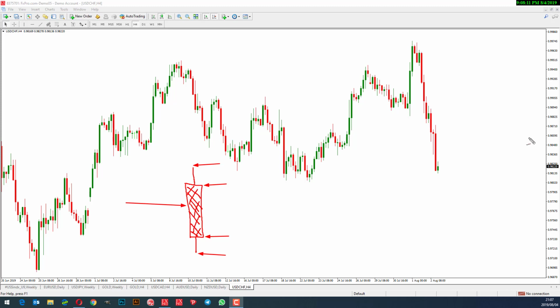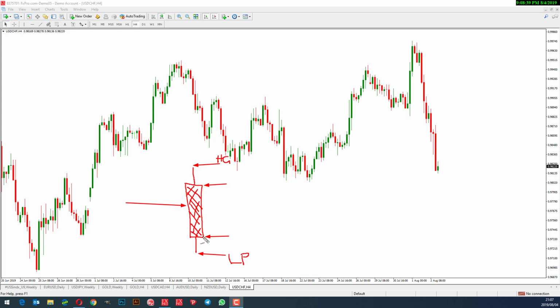The top part is your highest point. This is where the price rallied to and created a high. The lowest point is the lowest price that candle reached. If this is a 15-minute candlestick, it means price reached this lower area and created that low.